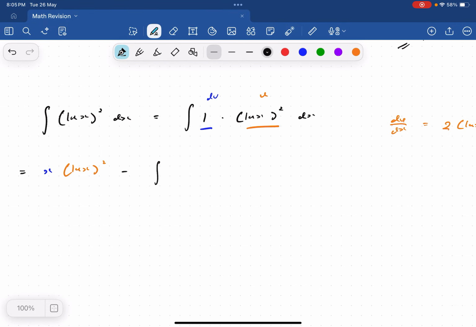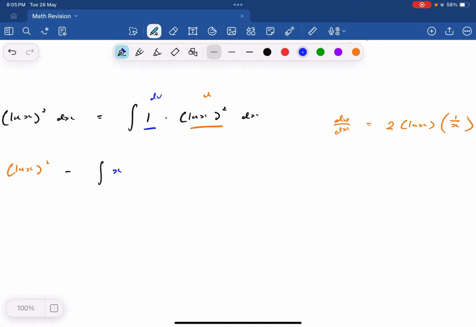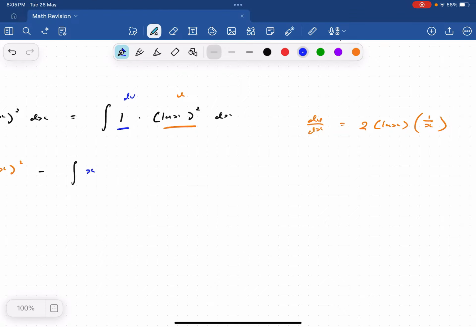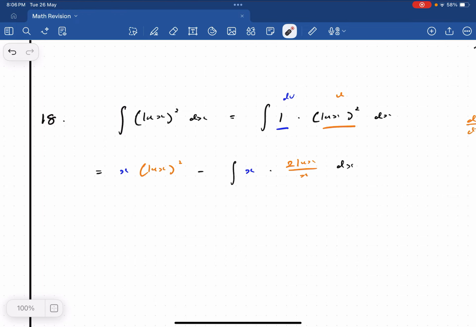So u v minus the integral of v du, and du/dx is 2 ln x over x. Yeah, so I fumbled just now because I was about to skip steps like I normally do, then I realized this is a video, I better show you. So obviously this and this will cancel, so finally there is only a 2 ln x here.